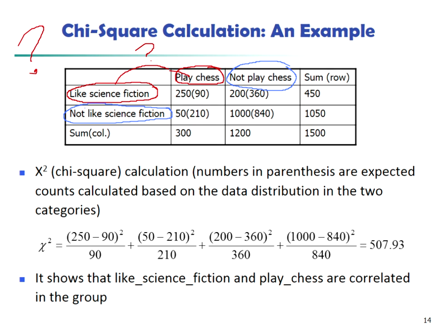The value 250 represents the observed value, and this value is the expected. That means we find that 250 tuples like science fiction and play chess. It's clear?